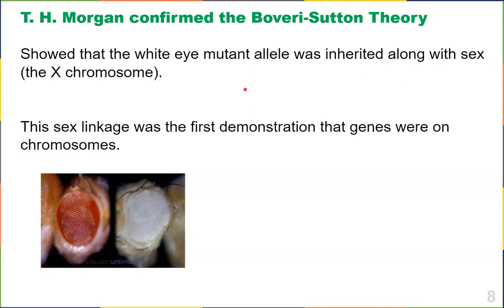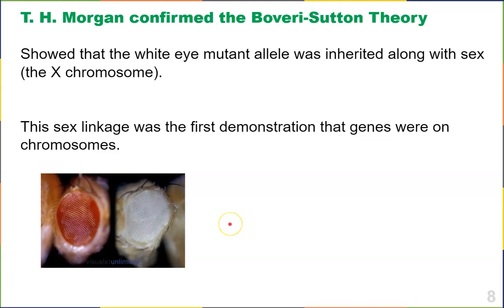He showed that this white eye mutant allele was inherited with the sex chromosome. So, sex chromosomes, X and Y. For us, we're going to just call them X and Y on the fruit fly as well. Only the X is the coding chromosome, okay?